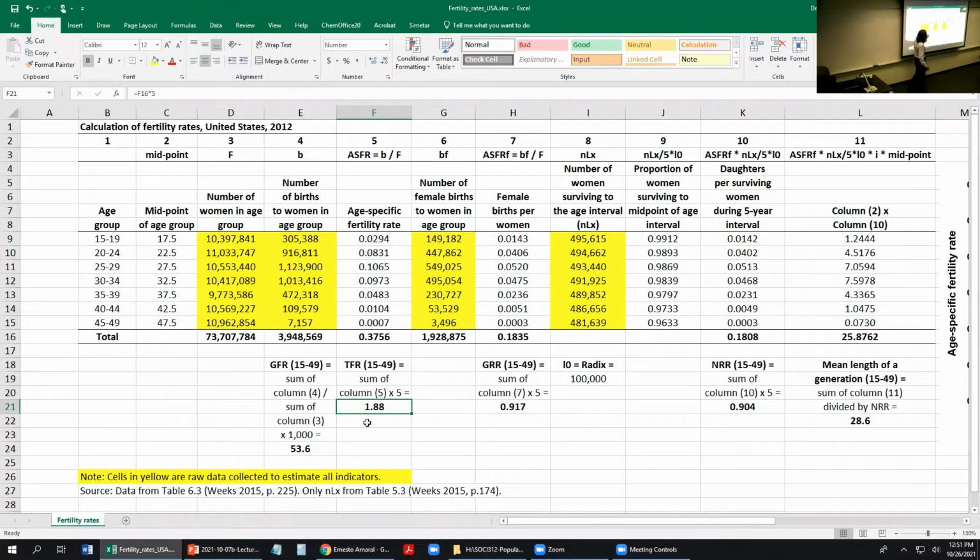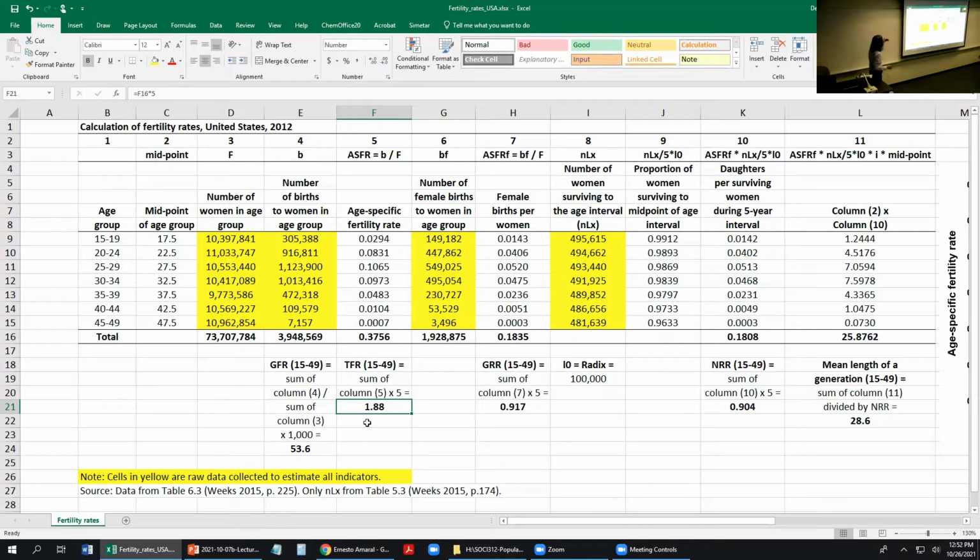The total fertility rate is saying that if we get this hypothetical group of women, remember that hypothetical measure in demography, that experience these age-specific fertility rates between the ages of 15 and 49, they will have an average of 1.88 children. Right, so that's the correct interpretation for that.